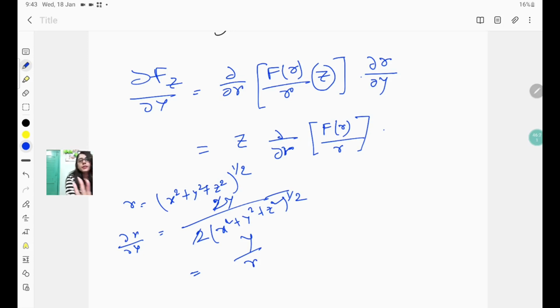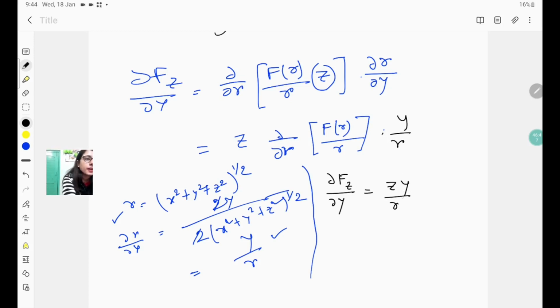This is nothing but a derivative: we are differentiating r with respect to y. So in place of del r by del y, we can write y by r. From here, del Fz by del y equals z y by r into del r of f(r) by r vector. This is equation 1.